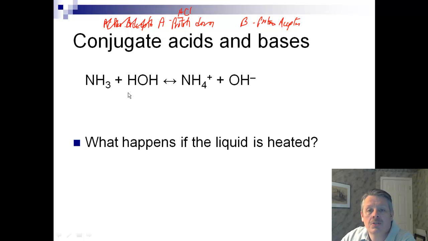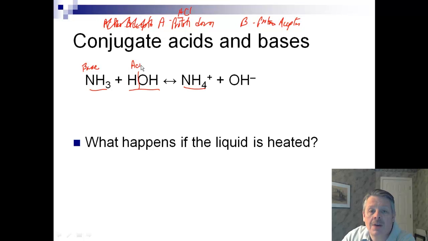Okay, so that said, if you have something like ammonia, what's happening with ammonia? Well, ammonia is accepting a hydrogen, right? So we're adding a hydrogen to go from ammonia to NH4. So since we're accepting it, then this must be a base. And water is giving up its hydrogen, all right? So this becomes a proton donor.